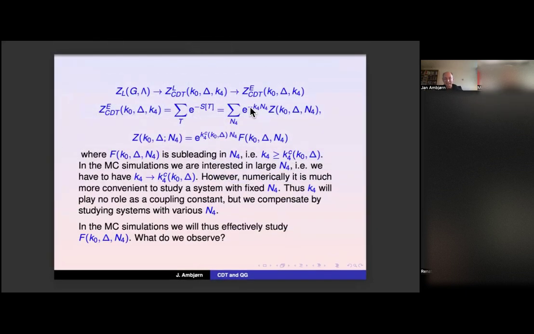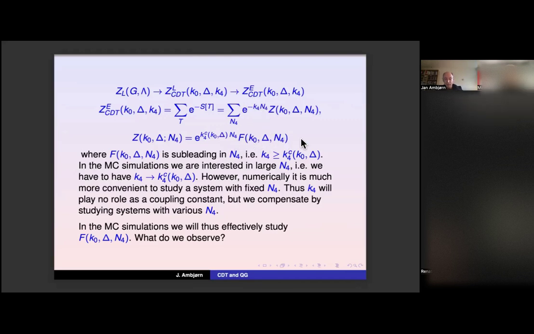And since N4 appears here and only here, we can take it outside and sum over N4, and then this is the sum of all the triangulations of the kind we just discussed, but with a fixed N4. Now, this set of triangulations here, they grow exponentially in N4 with some constant, which depends on the bare coupling constant we put in, but it has this form here. So you see that we can combine this with this thing here, so you get e to the minus K4 critical times N4 up here in the exponent.